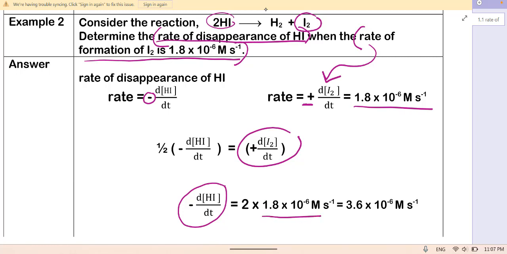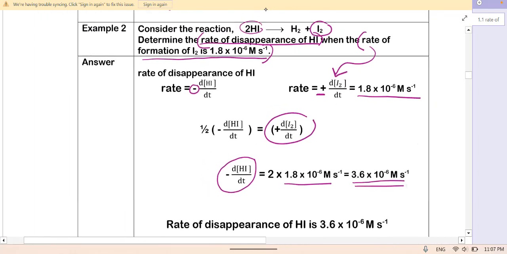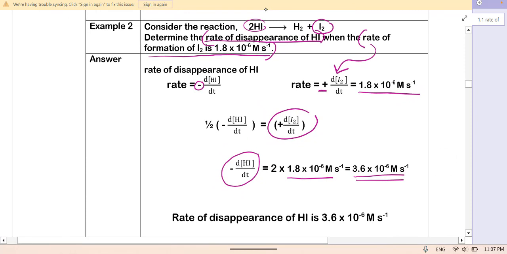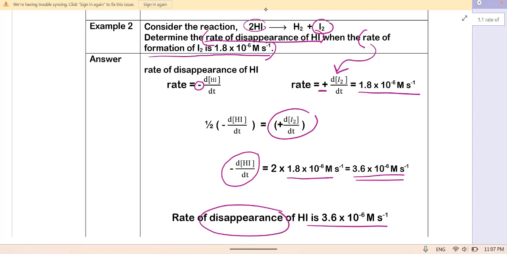So the answer is 3.6 times 10 to the power of negative 6 molar per second. So the rate of disappearance of HI is 3.6 times 10 to the power of negative 6 molar per second. The answer for the rate is never negative, because from the word disappearance we understand that it is decreasing.